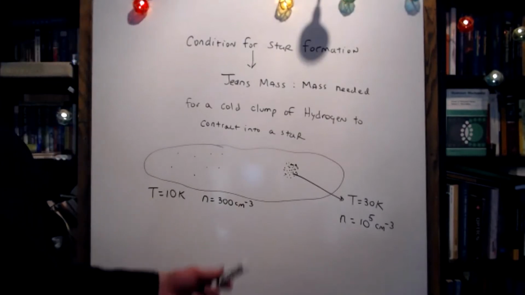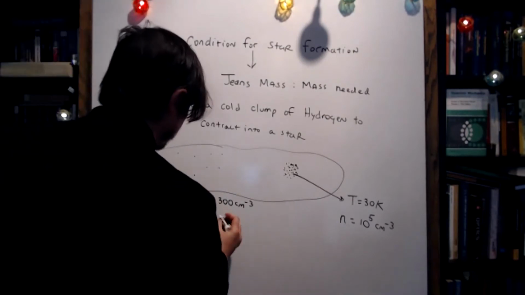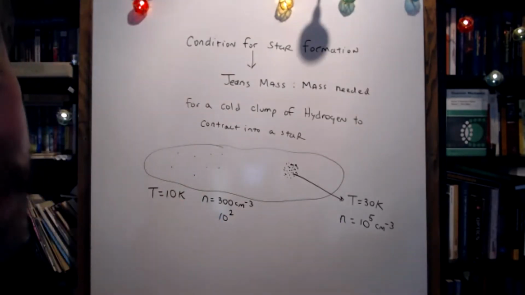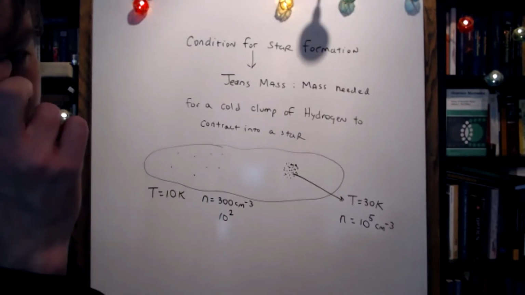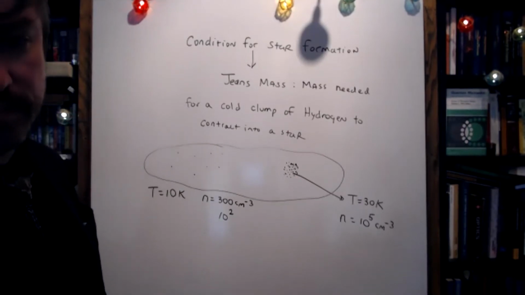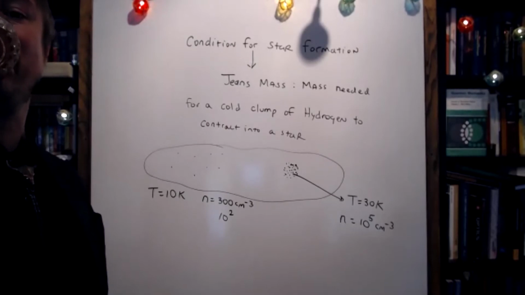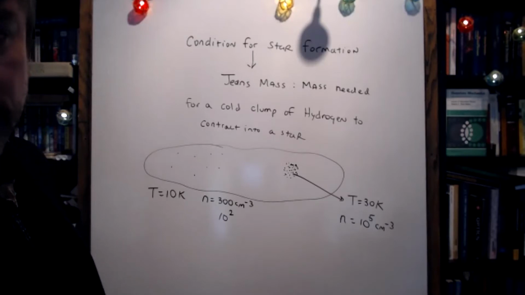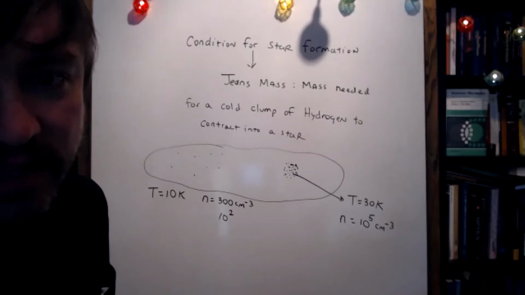I'll give you a hint. 300, you could think of it as 10 to the power of 2, because it's a number of order 100. I know it's 3 times 10 to the 2, but who cares? Let's just call it 100, okay? By what factor has the number density increased? Oh, please tell me that you guys could do an order of magnitude estimate.